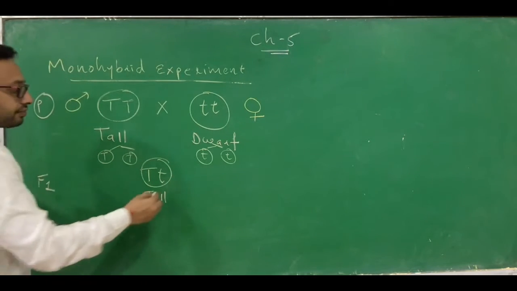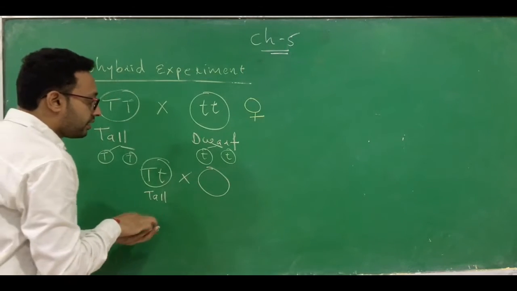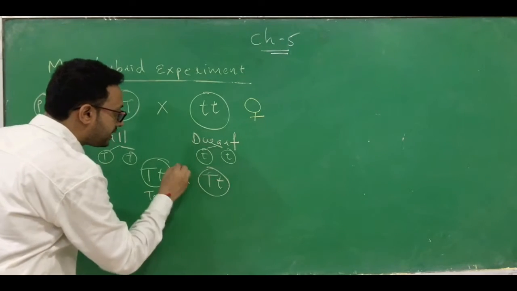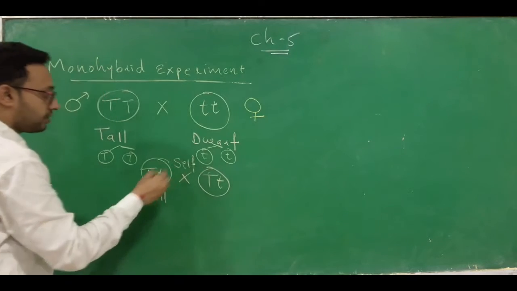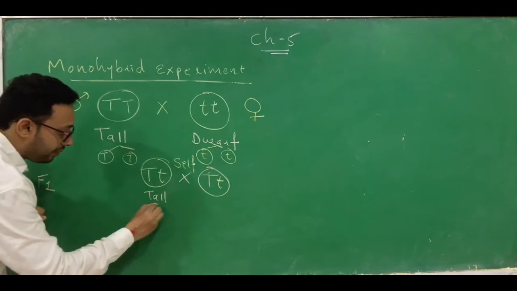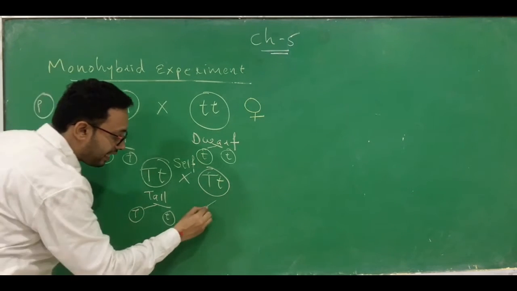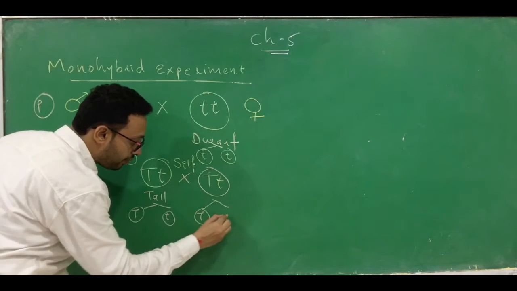Now what has he done? He has done a self-crossing. That means the F1 generation is self-crossed. So what has he obtained? Here the gametes are capital T, small t, and here the gametes are also capital T, small t.